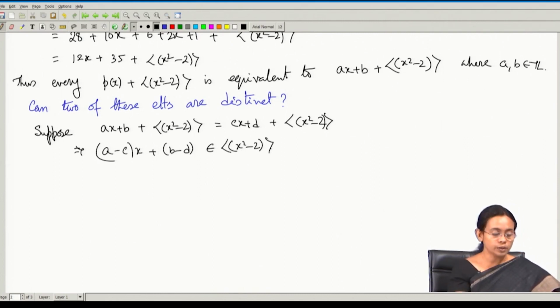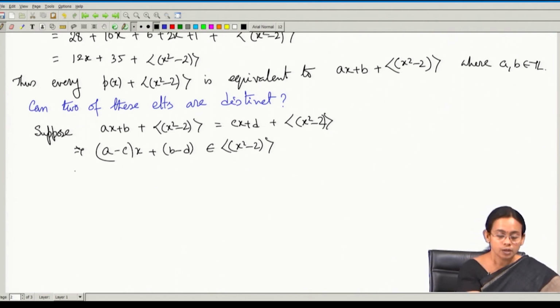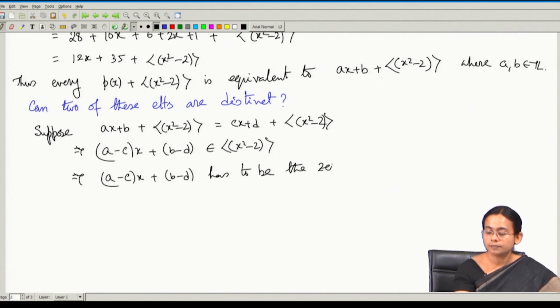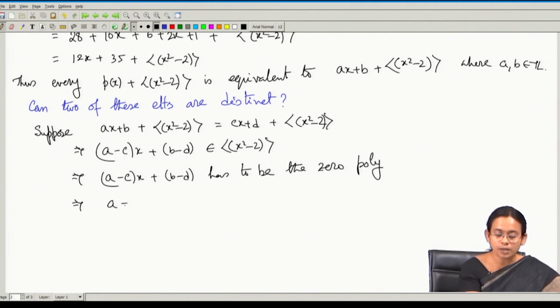But this is a linear polynomial, so it cannot be in the ideal generated by x square minus 2, because any element in this ideal will be a multiple of x square minus 2, so its degree should be greater than or equal to 2. That forces this polynomial to be the zero polynomial. So, this implies that a minus c times x plus b minus d has to be the zero polynomial, which means a has to be equal to c and b has to be equal to d.